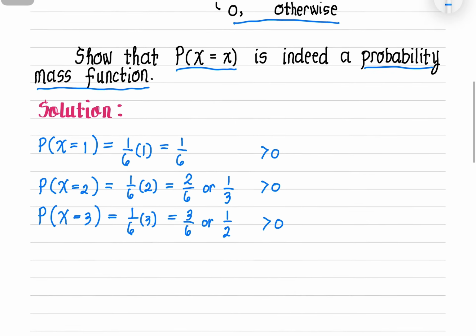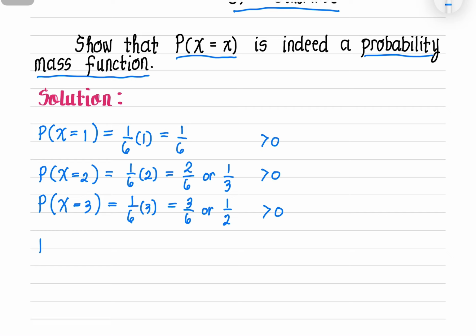And, sabi natin dito sa given natin, 0 otherwise. Okay, so 0 otherwise, dito, yung magiging value natin dyan, so P of X equals X, this is now equal to 0, okay, for X is not an element of 1, 2, and 3.